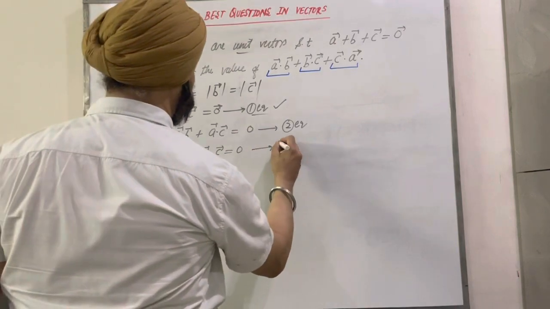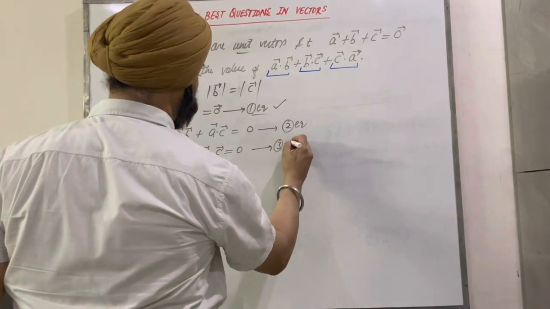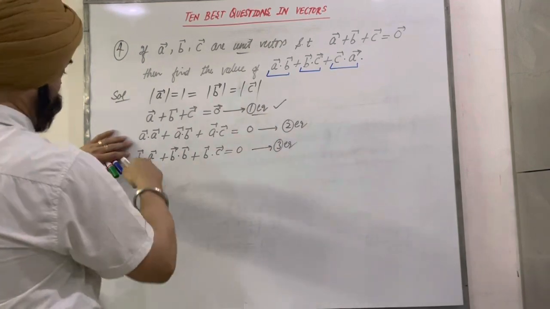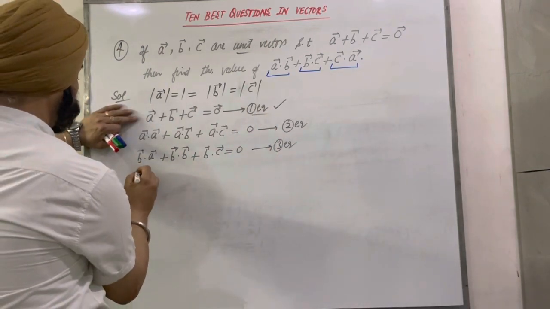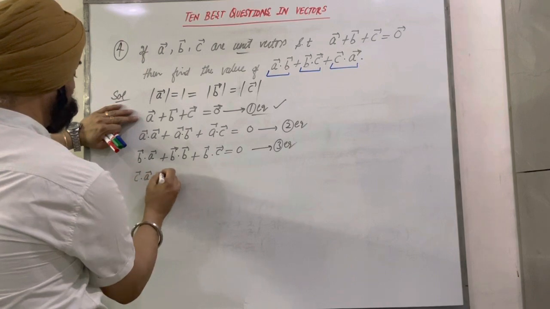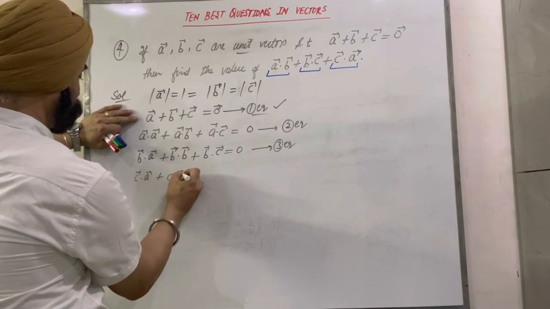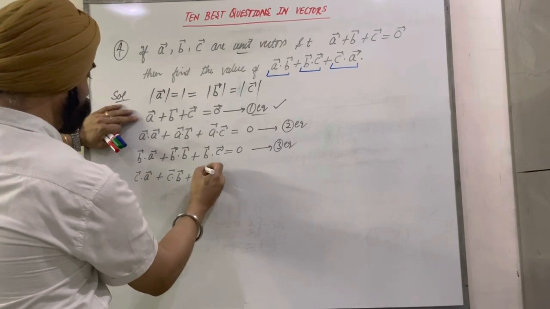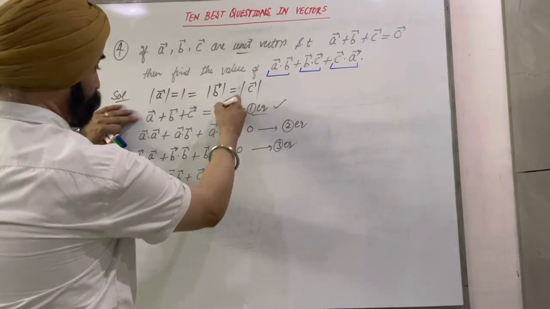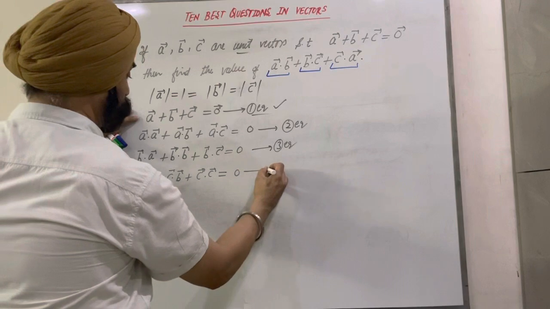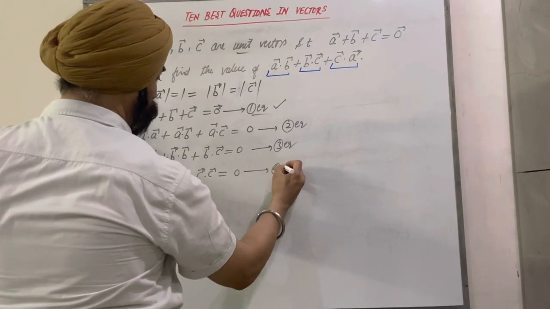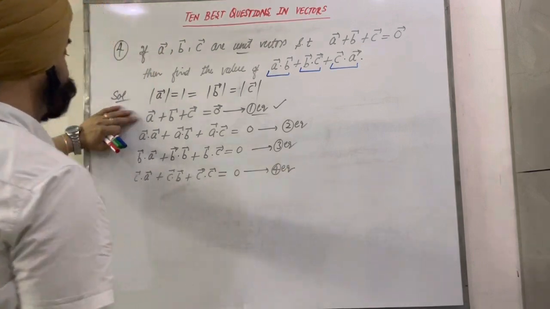I take this as the third equation. Likewise, if I take the dot product of the first equation with C, we get vector C dot vector A plus vector C dot vector B plus vector C dot vector C, and C dot 0 is simply 0. I take this as equation number 4.